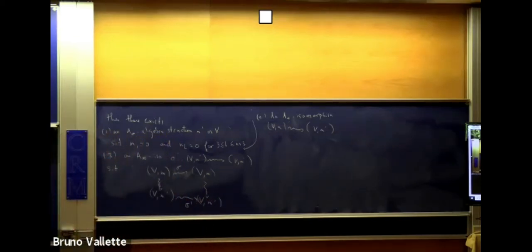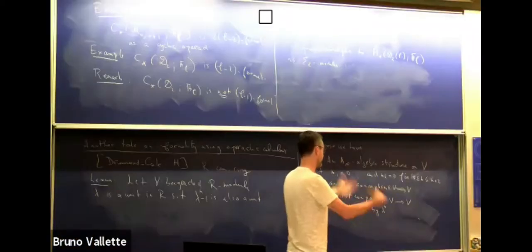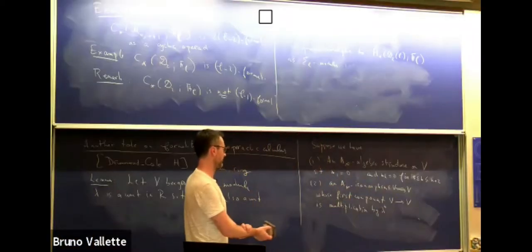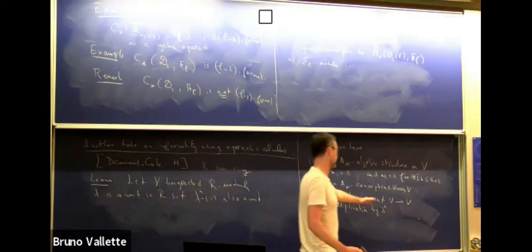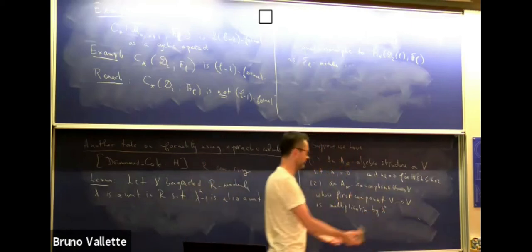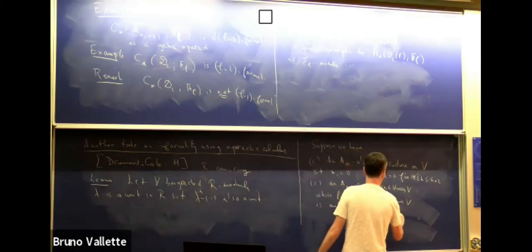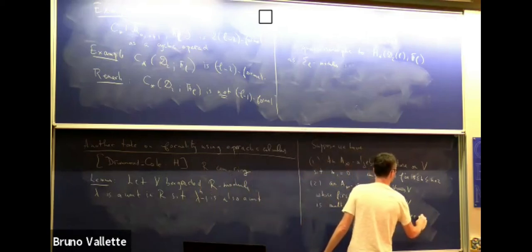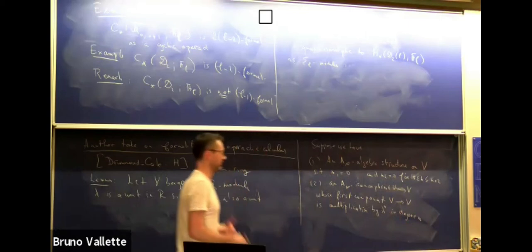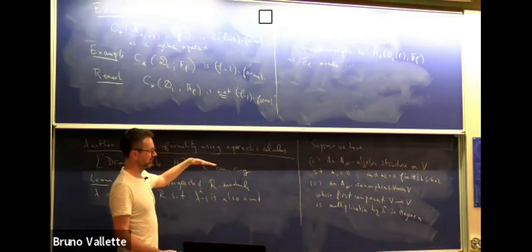Let me repeat the punchline. I start with an infinity algebra whose first few components are 0, and I have an automorphism of this infinity algebra, which acts in degree n by multiplication by lambda to the n.